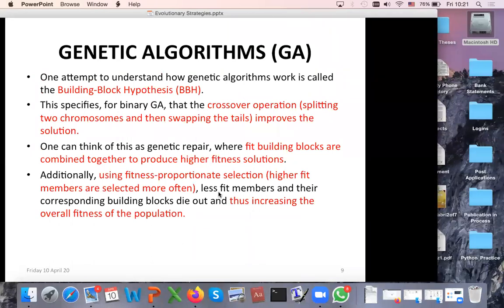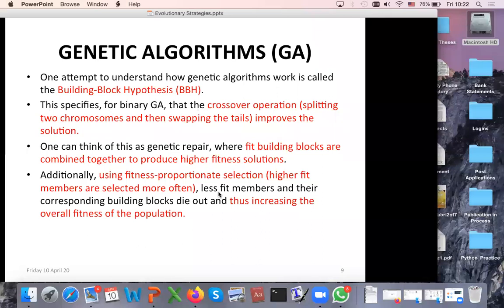The author of the book is saying that if we want to understand the genetic algorithm, we can also take the idea of the building block hypothesis, BBH. So what is this BBH?